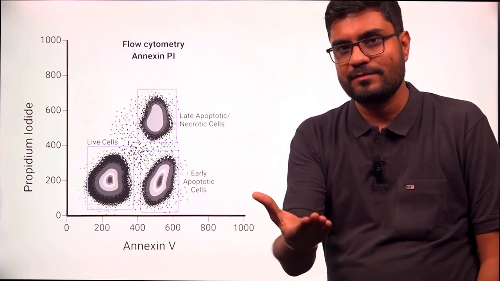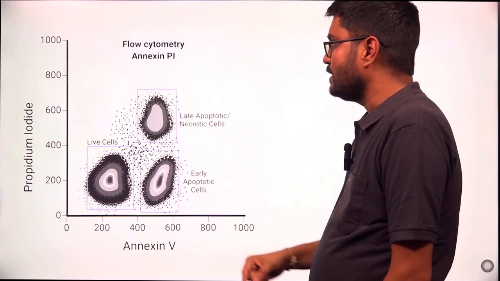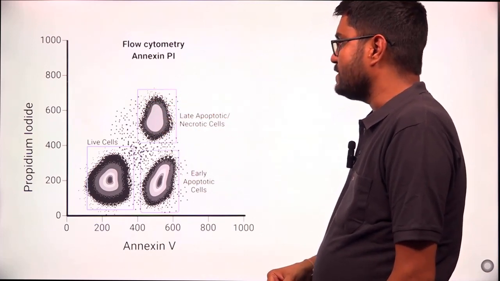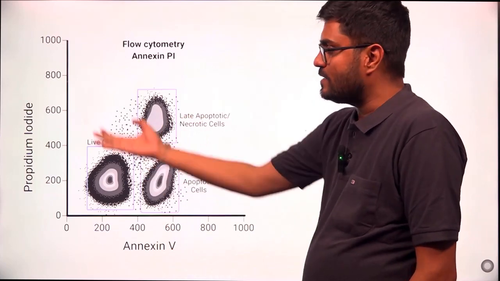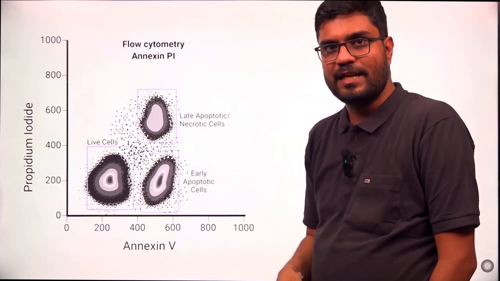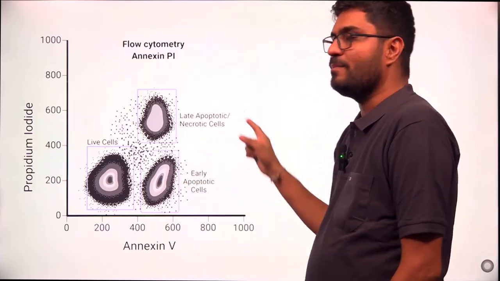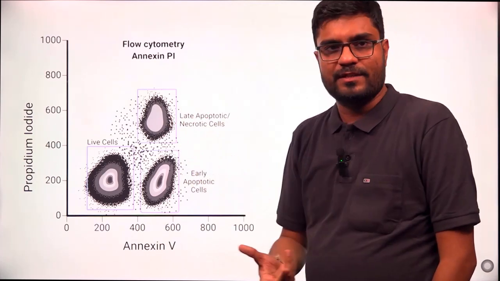Early apoptotic cells. Now if I look at these cells, they are positive for Annexin-5 as well as positive for what? Propidium iodide. So these are dead cells. They are late apoptotic cells where the apoptosis is done, or they are necrotic cells.